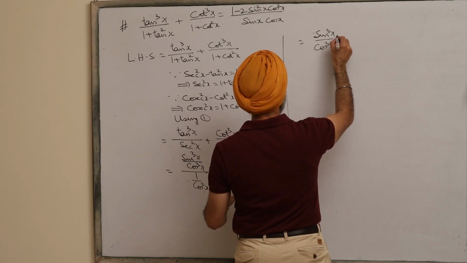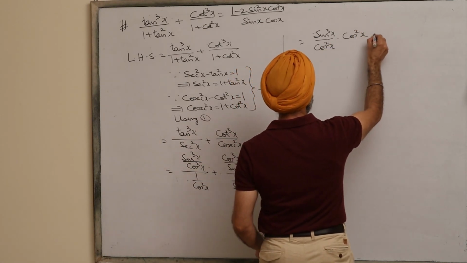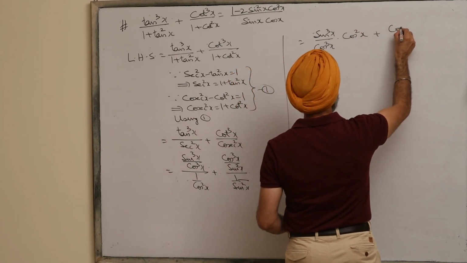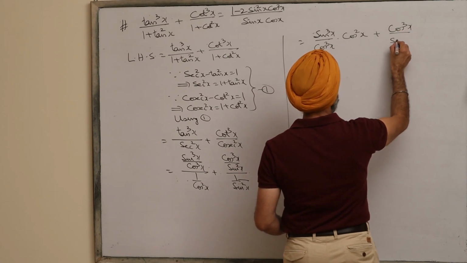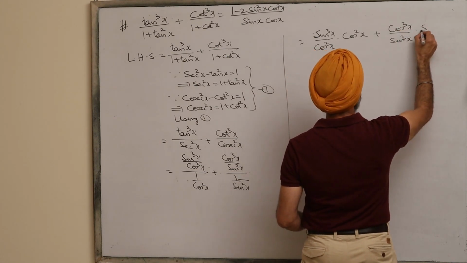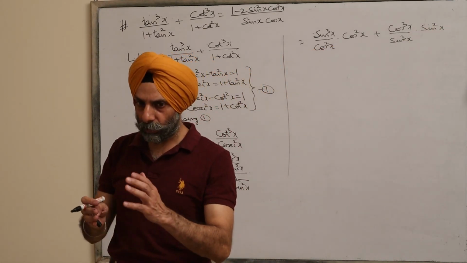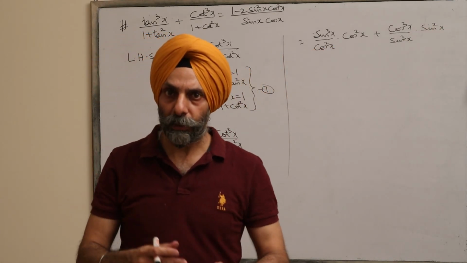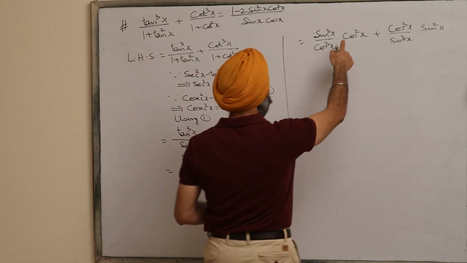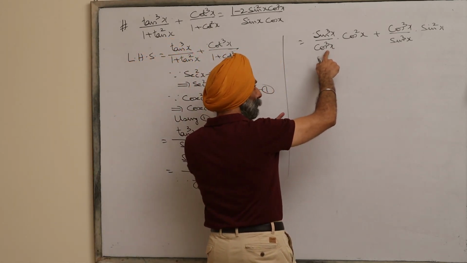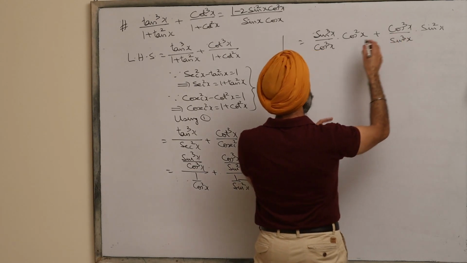cos cube x into cos square x plus cos cube x upon sine cube x into sine square x. Whenever there is a common factor, we can cancel the common factor. You can see from here cos square x will cancel with cos square x, sine square x will cancel with sine square x.